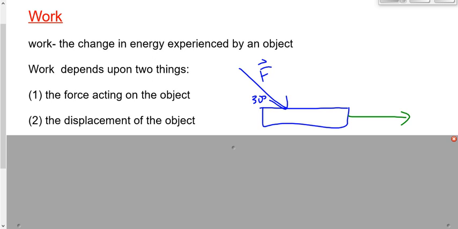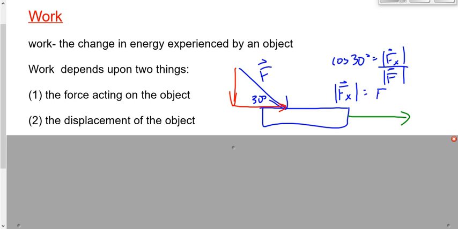Yeah, you'd have to find the x value of it, right? Which we would say, okay, if you break this down into an x and a y component here, you would say that cosine 30 degrees is equal to the adjacent side, that's the x component, over the hypotenuse, right? In other words, the force that we want to use, the x component, is equal to the force times cosine theta.